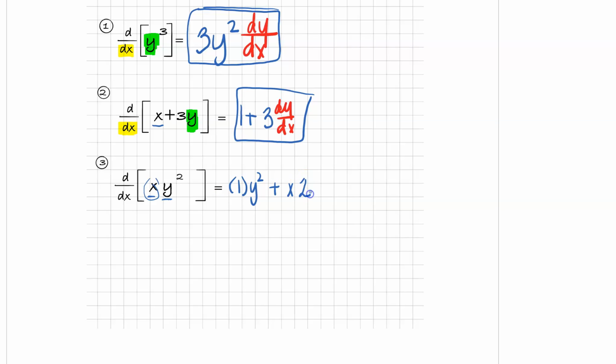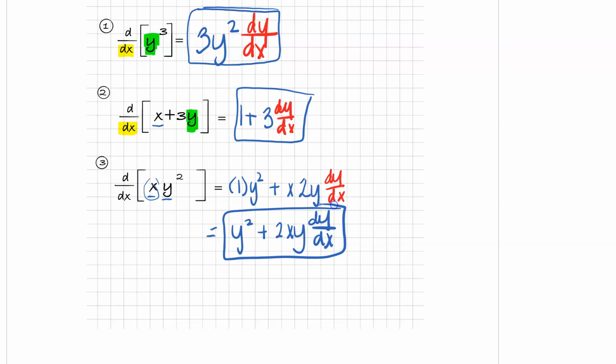We're going to bring the 2 down, subtract 1 from the exponent, times the derivative of y, which is dy dx. Now we're going to clean this up as much as we can. So this would be y squared plus 2xy dy dx. Just putting things in order, and having a multiplier times 1 is not going to make a difference. Let's keep doing this. I'm going to keep escalating the difficulty of some of these problems.